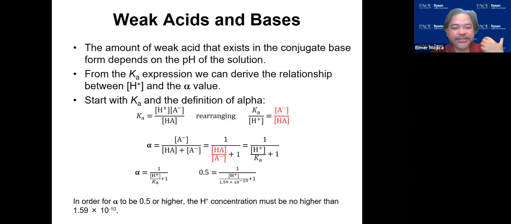Now, what does this tell us? So if we're going to look at the amount of weak acid that exists in the conjugate base form, it depends on the pH of the solution. Okay, so if we're going to look at the Ka expression, this is what we have.